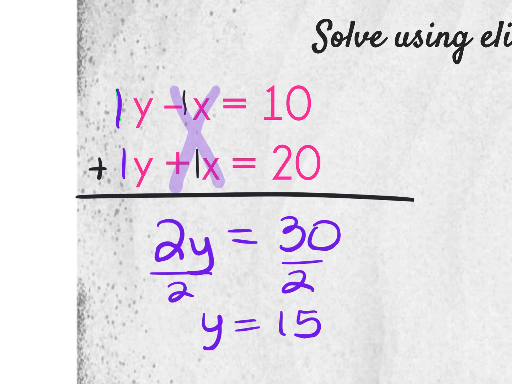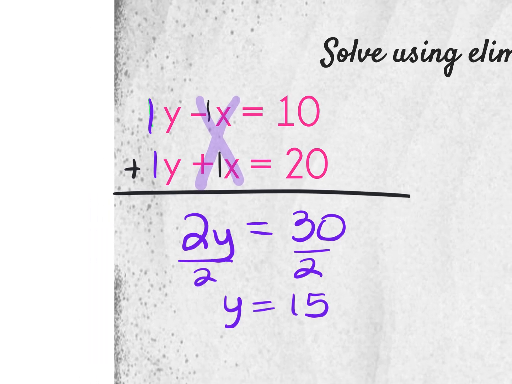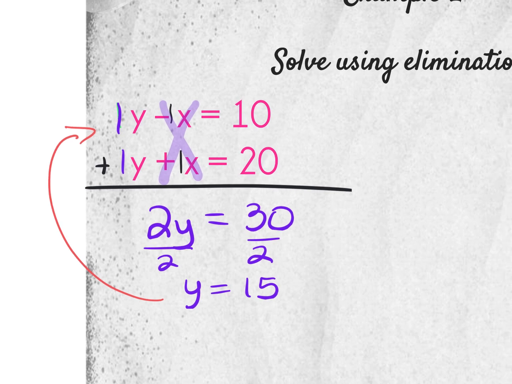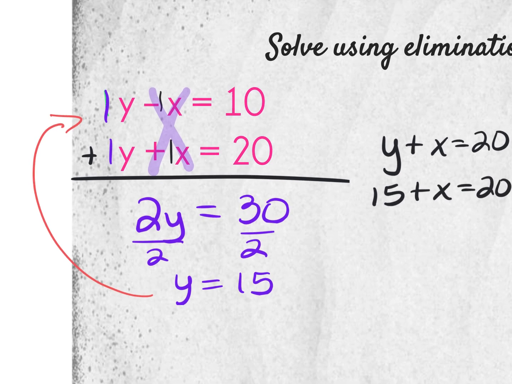I now need to take my newly found y value and substitute it back into either one of the originals. It doesn't matter which. I'm going to substitute it into the second one, y plus x equals 20. Once I take out y, I replace it with 15. And now I will subtract 15 from both sides.